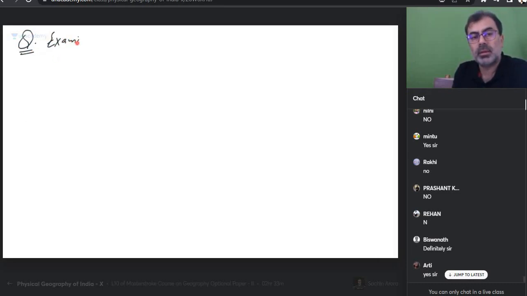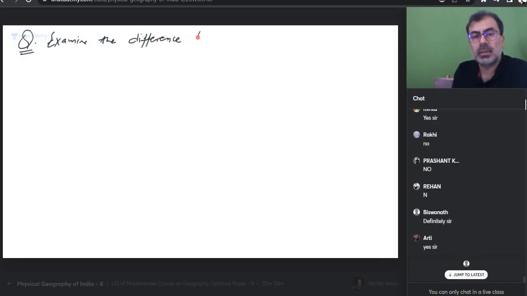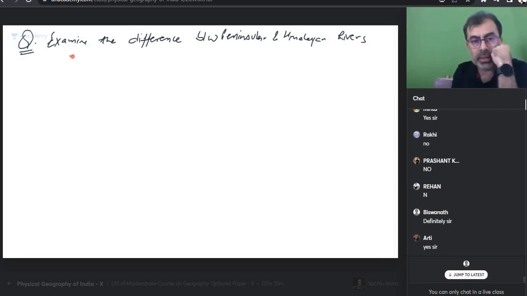Examine the difference between peninsular and Himalayan rivers. Examine the difference between peninsular and Himalayan river regimes. Question 1, question 2.